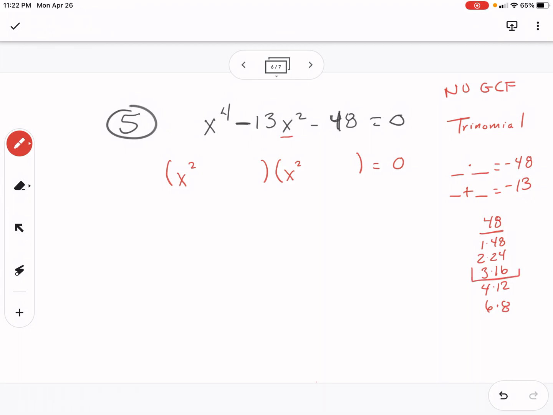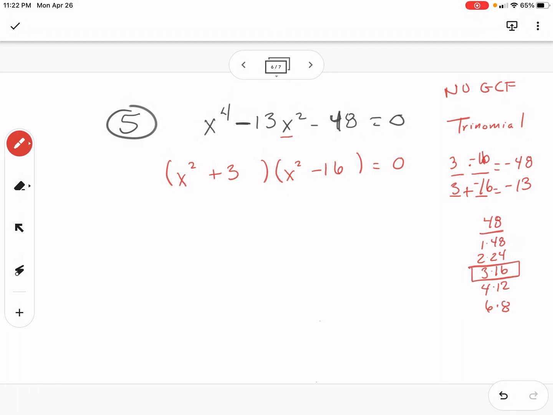For 13, we would use 3 minus 16. So in my parentheses, I'm going to put a positive 3 and a negative 16. So now I factored the trinomial.